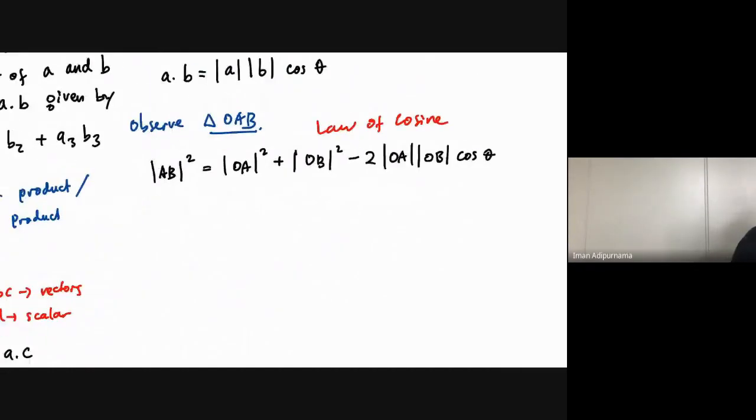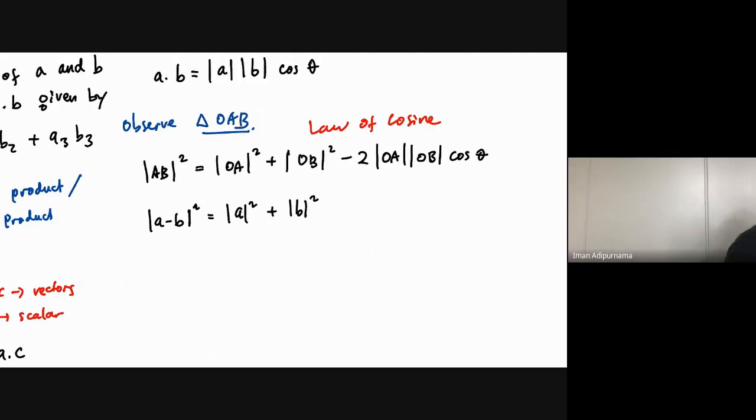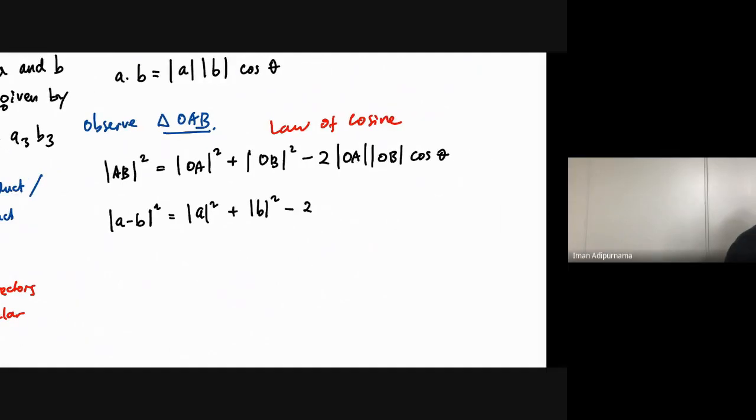So this will be the magnitude of A minus B, where A and B are vectors from what we have learned before. And then OA squared is A squared, OB squared is B squared, and this will be minus 2 A, B, and cosine theta.